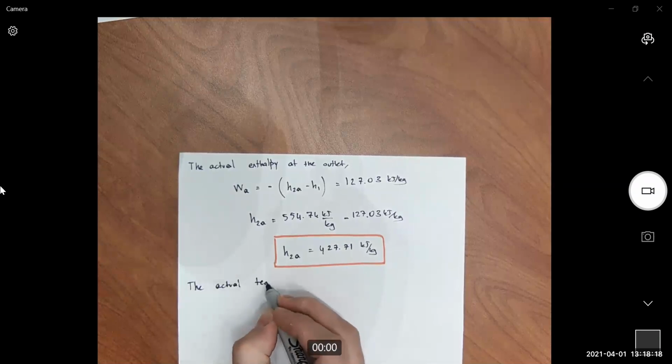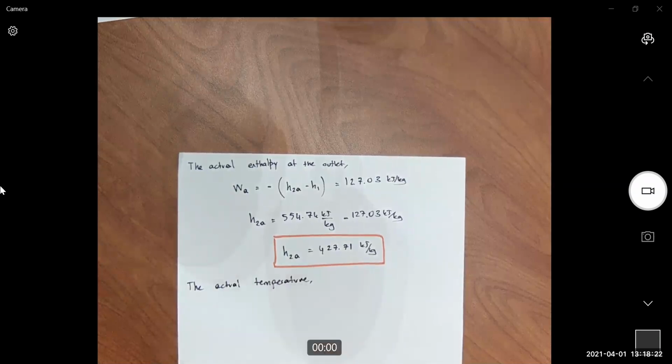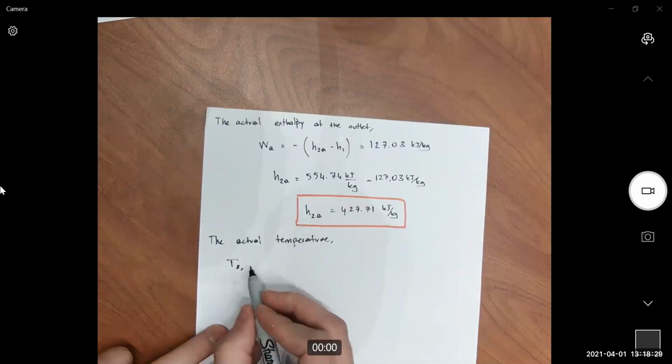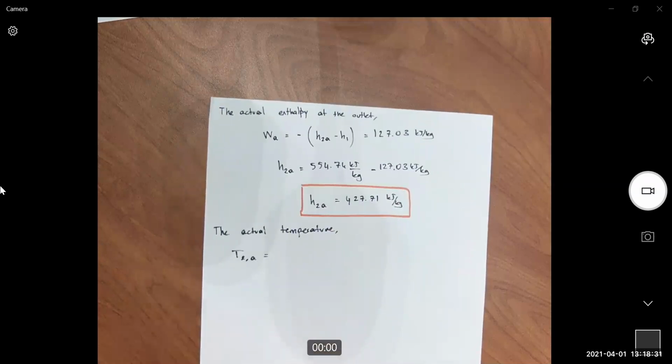The actual temperature at the outlet, right? Temperature 2 at the outlet. Now I know my enthalpy, so I can go check the table and see where it lies.